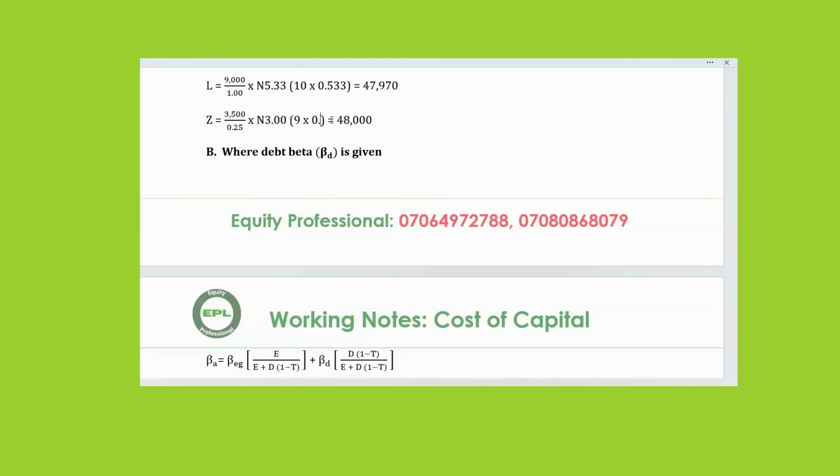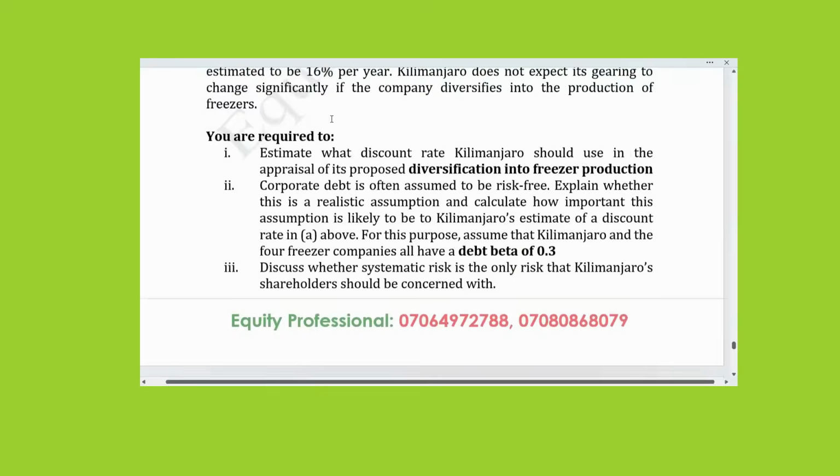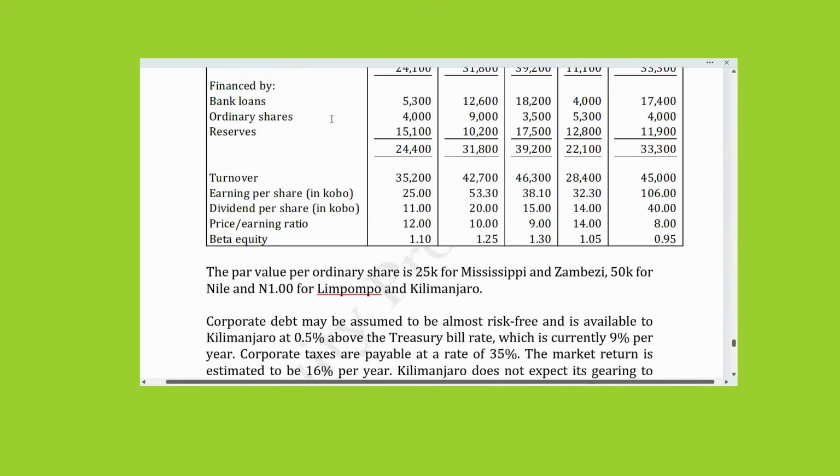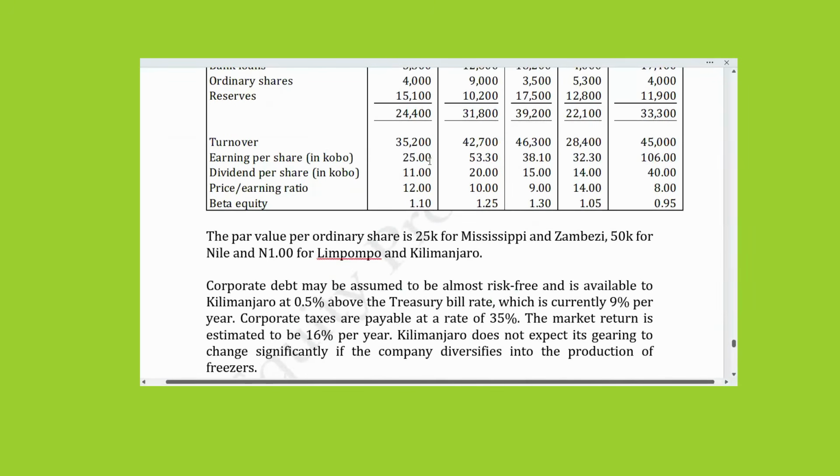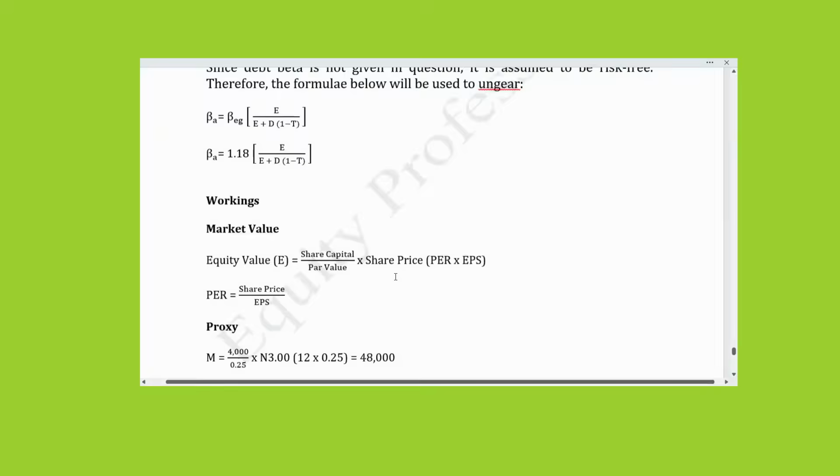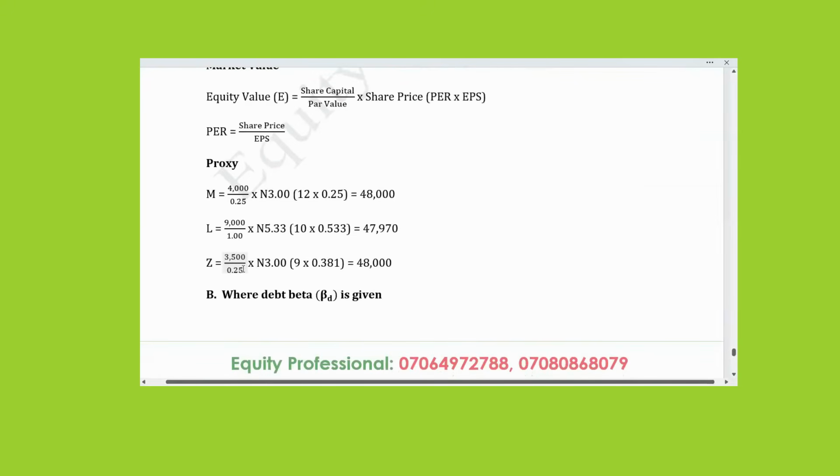Earnings per share is 0.381. Let me confirm. Yes, 0.381. Then the par value of Zambezi is 25 kobo. So 3,500 divided by 0.25. That will give us 14,000.